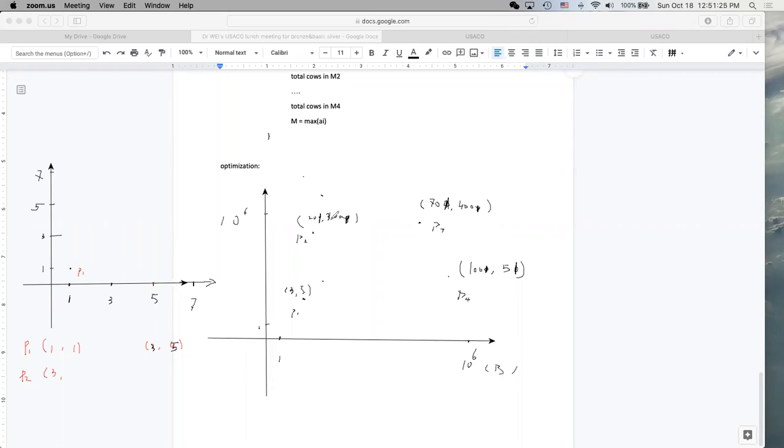Since this one, as we already reasoned, is the third one, we're going to put it at 3 and 5. And this one corresponds to the original 201 and 3001. That's P2.